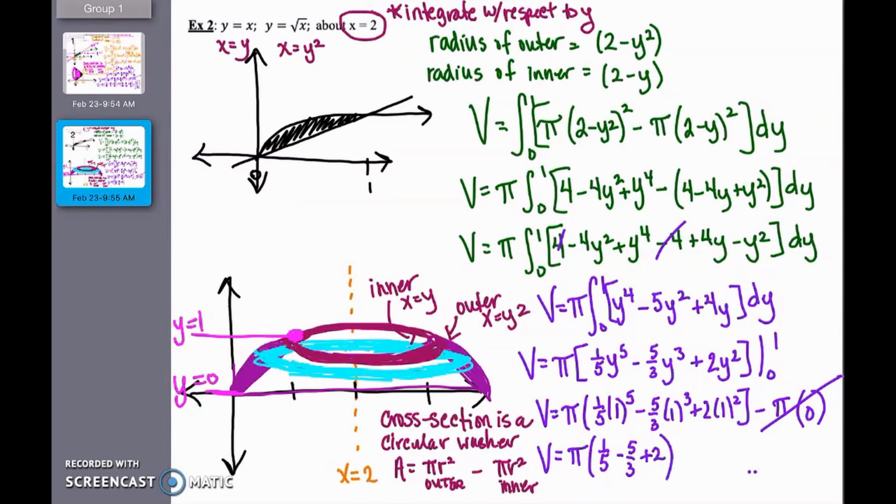Finding a common denominator, which would obviously be 15ths here, we end up with pi times 1/5 would be 3/15ths, negative 5/3 would be negative 25/15ths, and 2 turning into 15ths would be 30/15ths. Combining those all together, we end up with 8/15ths pi, so the final answer is 8 pi over 15. That is the volume of our rotational solid.